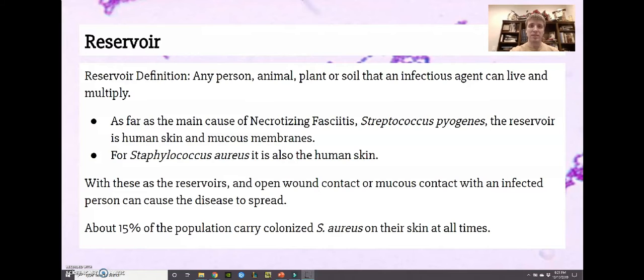The other microbe is Staphylococcus aureus, and its reservoir is also the human skin. It isn't likely that the microbes will penetrate the skin, causing the infection. However, about 15% of the population have colonized Staphylococcus aureus on their skin, which means an open wound, or a person with an open wound coming in contact with them may cause the disease to become present.